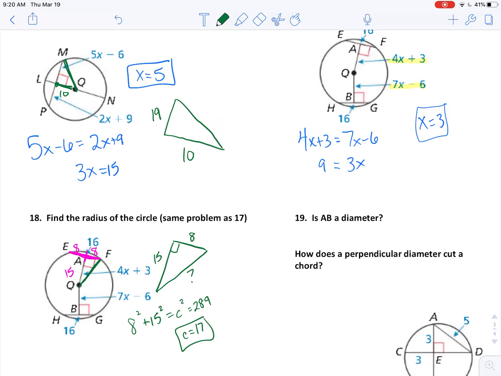Why don't you guys find your radius here? So I want you to find your radius up here. So 10 squared plus 19 squared.